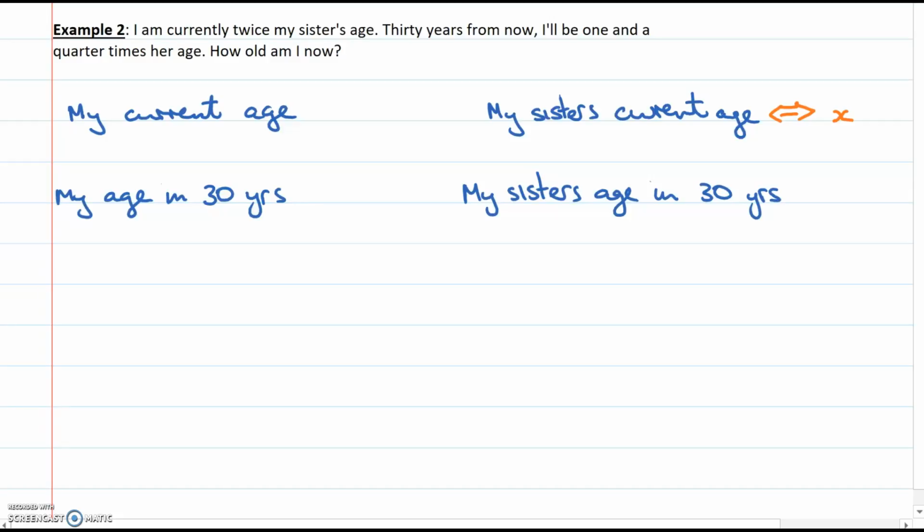Now it says that I am currently twice her age. So my current age, my age right now, is twice her age. So that would mean it's got to be 2x. If her age is x, then my current age would be 2x. Well, in 30 years, so let's say you ask yourself what age you are now.